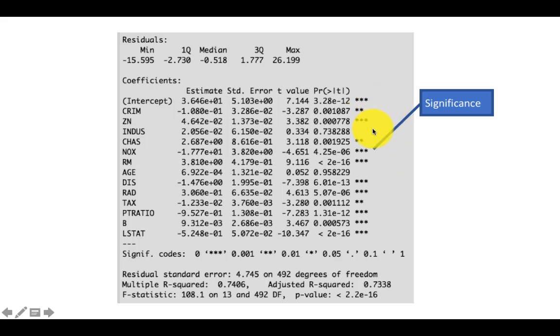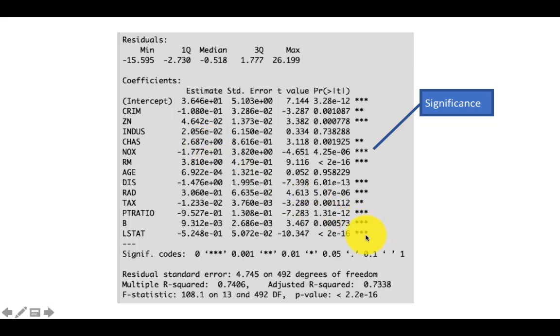So the moment you see anything, then it is significant. But typically we go with a star, not with a dot, right? Because dot says that there is between a 5 and a 10% chance that the coefficient you're seeing is spurious. And we don't want that.